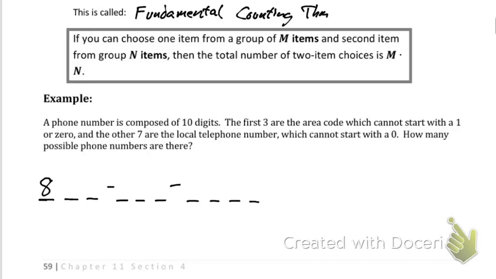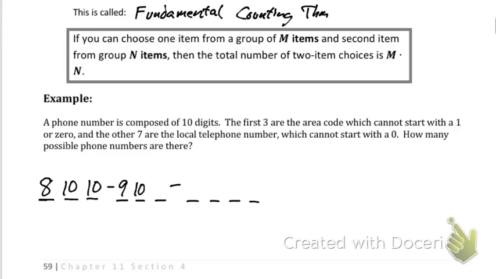The other 2 numbers don't have restrictions, so that means it can be 0 through 9, which is actually 10 digits to choose from. Then we have 10 here as well. Our local number, it can't start with a 0, so that means we have 1 through 9, which means I have 9 choices.